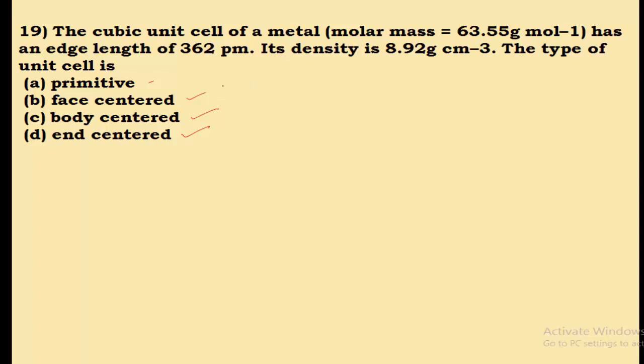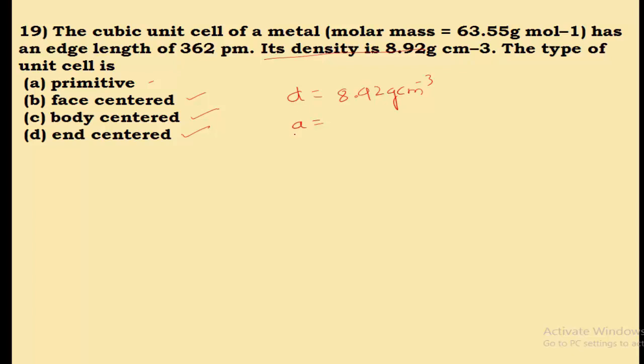Now, in order to get which type of unit cell is there, first you need to find the number of particles. So, first write down what they have given. It's a density. So, first density is given, that is D is equal to 8.92 gram per cubic centimeter. And the edge length of that unit cell is 362.